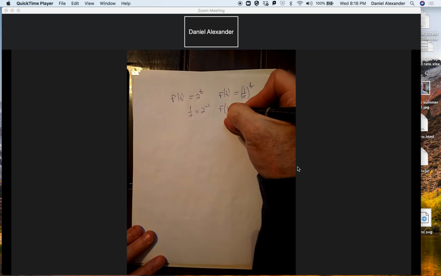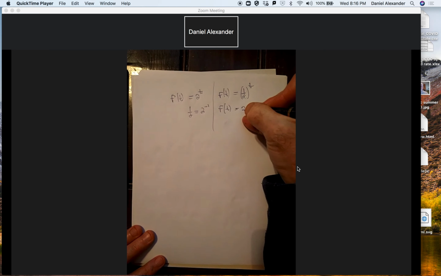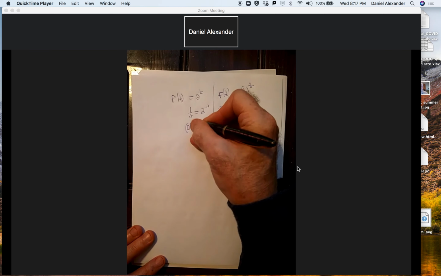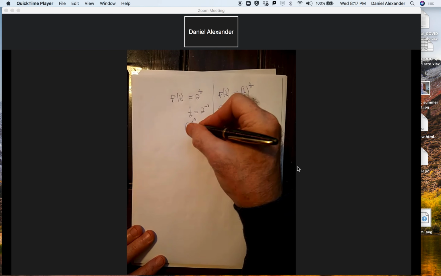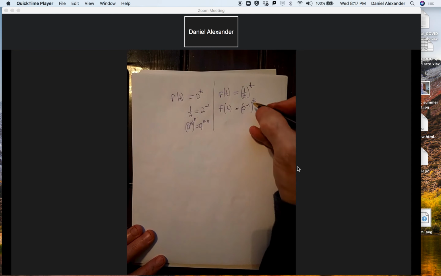So that means I can rewrite this function as 2 to the minus 1, to the t. Now remember, what we saw in the exponent review was that if I take an exponent to a power, I multiply. So a to the m to the power of n is a to the m times n. I can do that here, and I get 2 to the minus t.